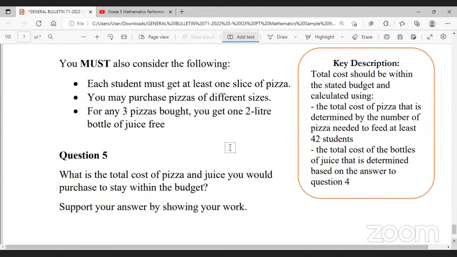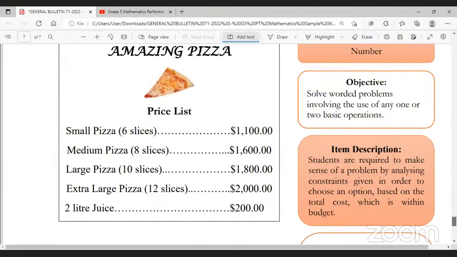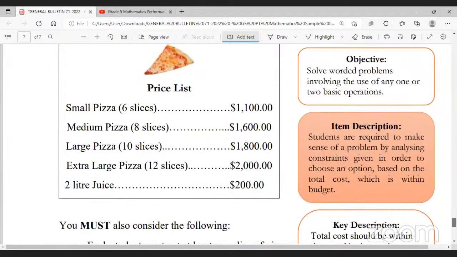Question 5 says, what is the total cost of pizza and juice you would purchase to stay within budget? And we're going to be supporting our answer by showing our working out. Let me go back to the price list. All right.